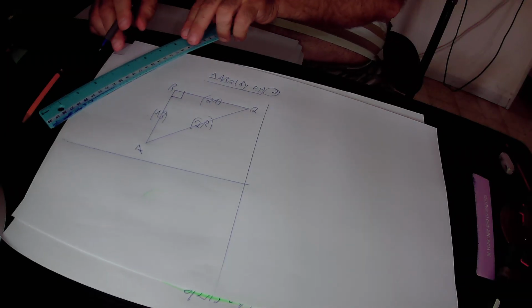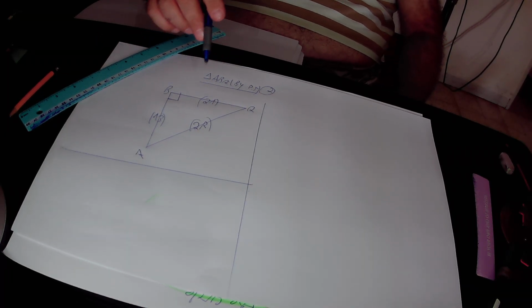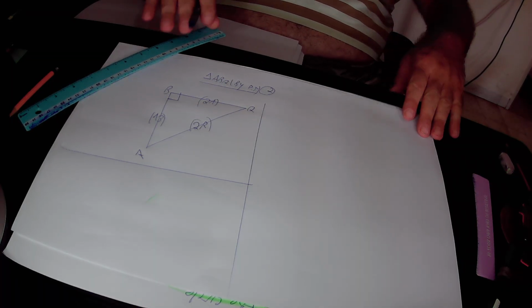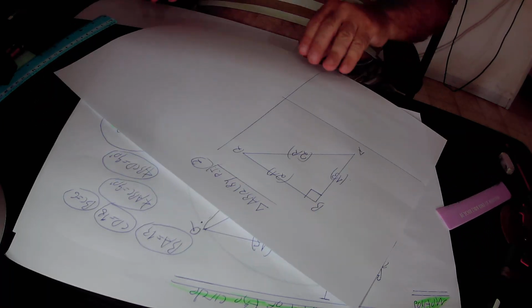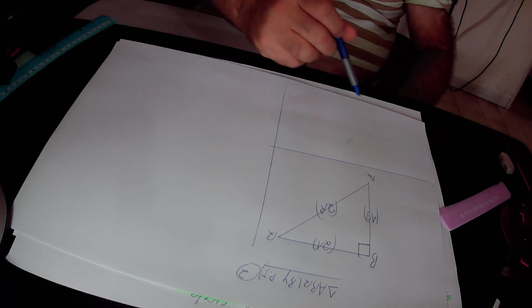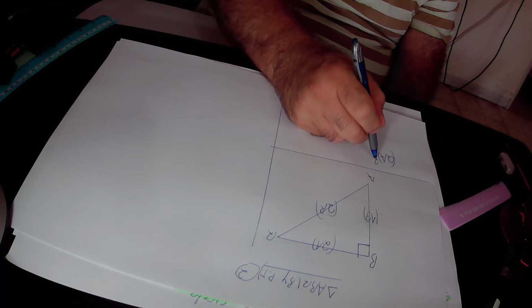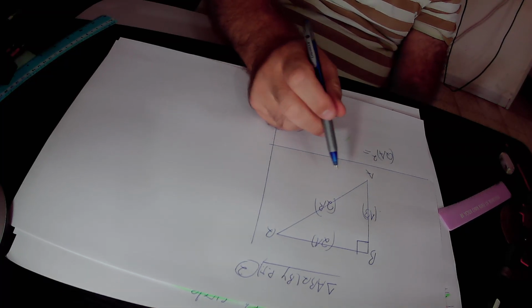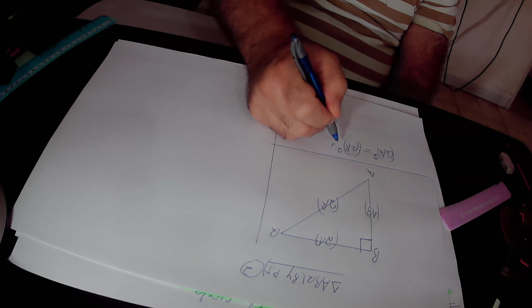In this right triangle ABQ, according to the Pythagoras theorem, QA squared, that is the square of the hypotenuse, equals QB squared plus BA squared. So write it down: QA squared equals QB squared plus BA squared.